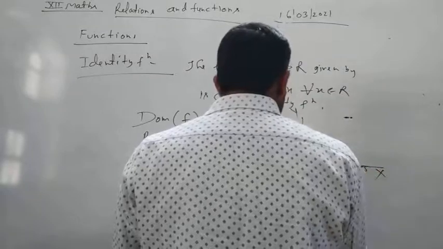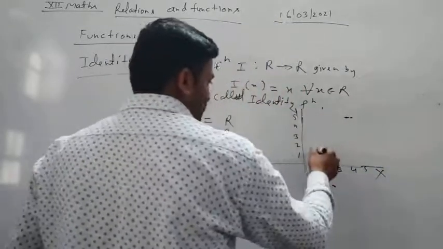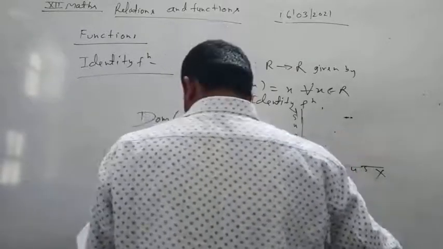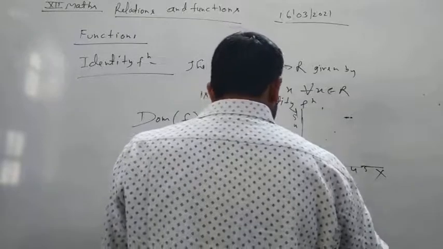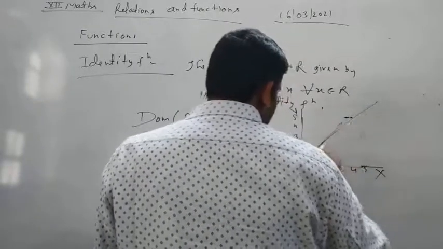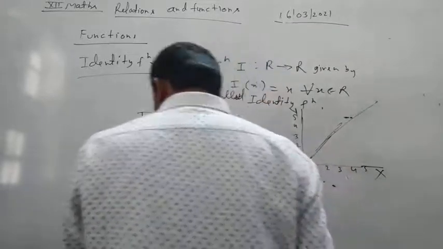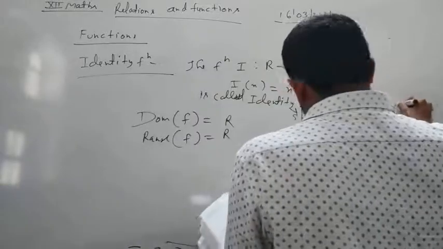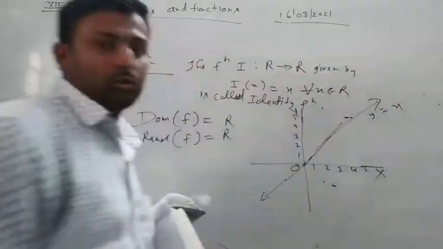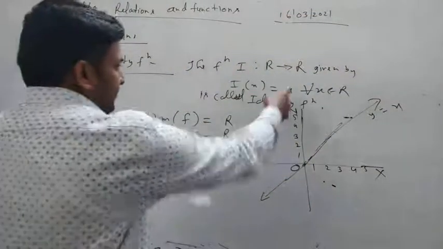If we take any points like 1, 2, 3, 4, 5, its graph will be like this. So this is the graph y = x, which passes through the origin, because here I(x) = x.